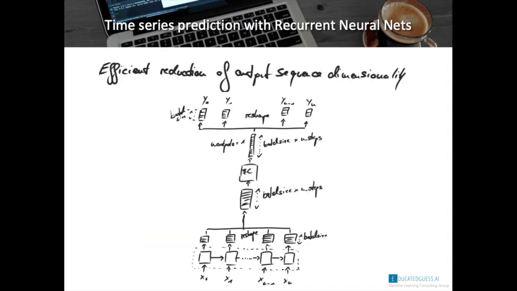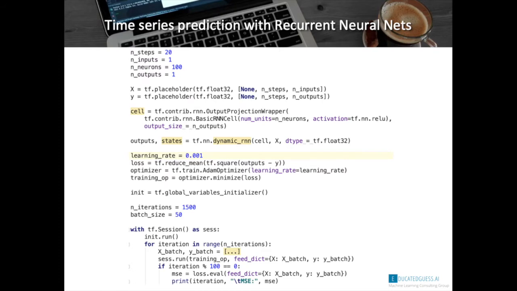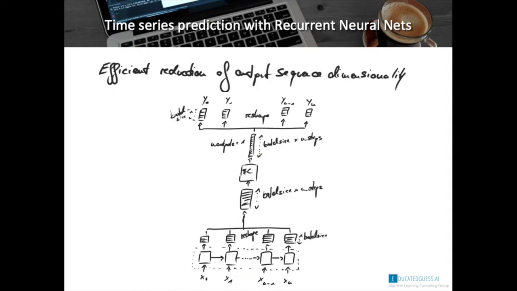So one more thing on this output dimensionality reduction that we should mention is that this wrapper approach we've been looking at before is pretty simple to apply. However, it's not as efficient as another approach that is provided by TensorFlow. The way this works is depicted in this illustration here.